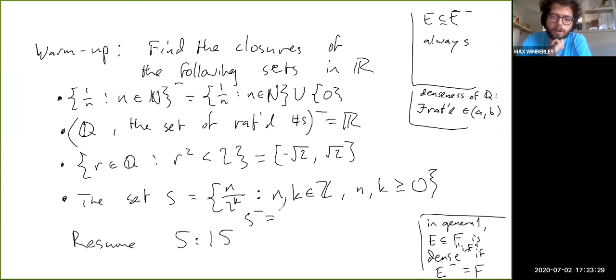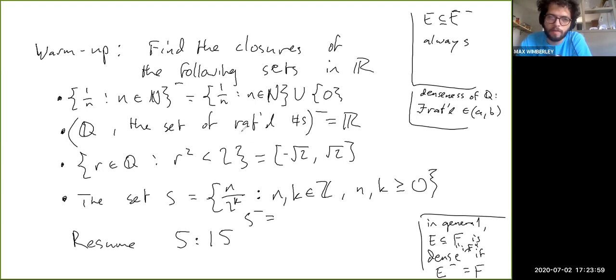So at least the closure of this set is probably restricted to the non-negative half of the number line, just because all of the numbers in here are non-negative, right? But then the other thing is, if you think about how these numbers are distributed on the real number line, as k gets really large, they get packed closer and closer together.